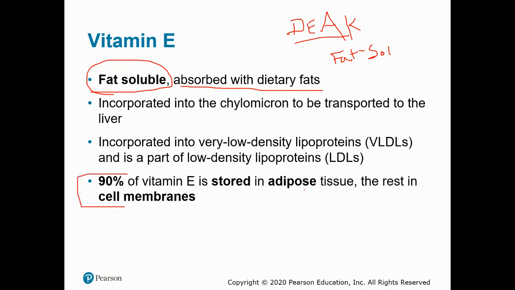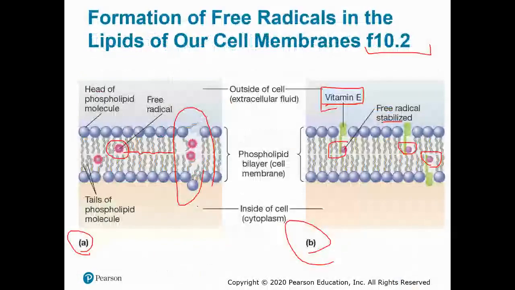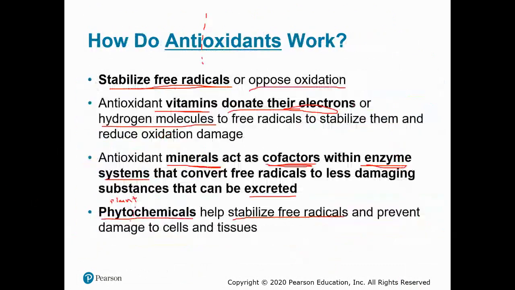So down here it says 90% of vitamin E is stored in adipose tissue, and some of it is also stored in our cell membranes. If I were to go all the way back here, remember this is the phospholipid bilayer, the cell membrane. Some amount of vitamin E in a healthy individual already exists in the phospholipid bilayer, in part so that if free radicals start to occur, vitamin E is already there to help mitigate that damage, to stabilize the free radical before too much damage actually occurs.